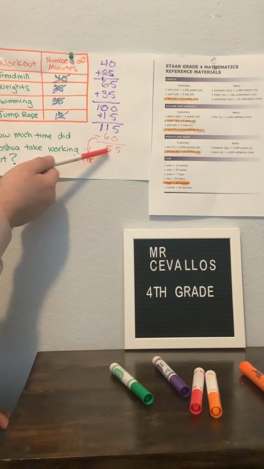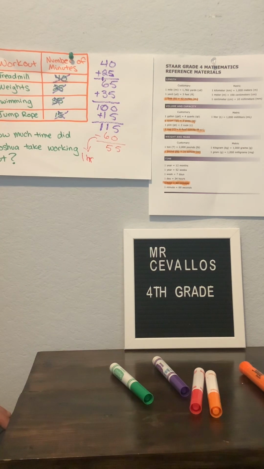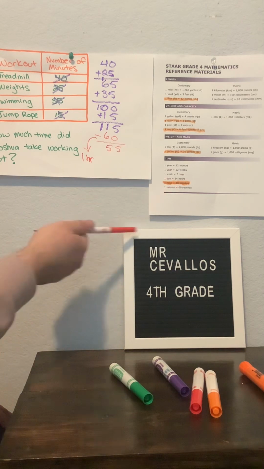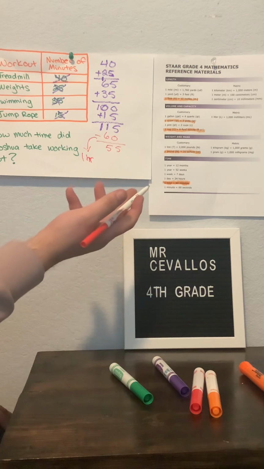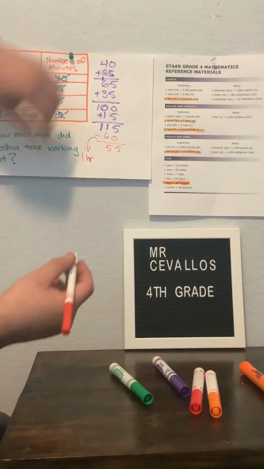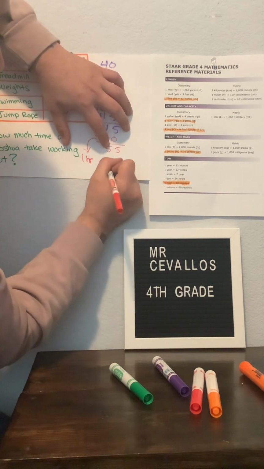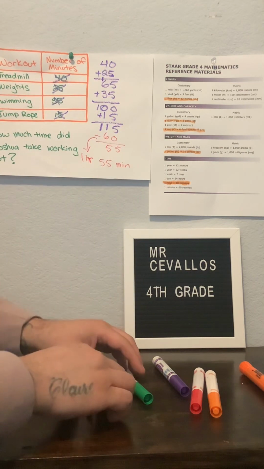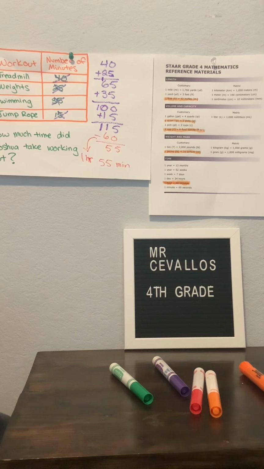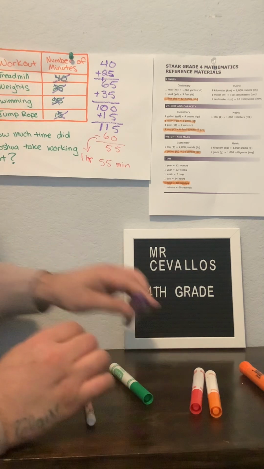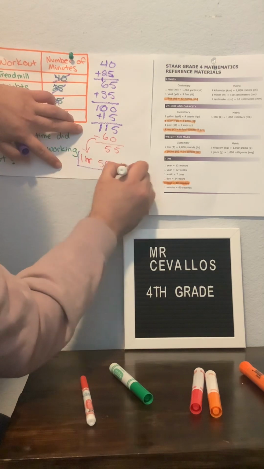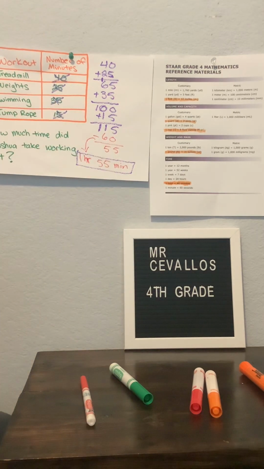Can I do anything with 55 minutes? No. Because unless it's 60 minutes or more, it's done. So if I pull this 55 minutes down, I say it's 1 hour, 55 minutes. 1 hour, 55 minutes. So Joshua, it took him 1 hour, 55 minutes to do his workout routine.